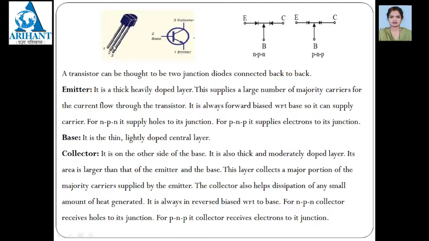Then how to recognize whether this is the NPN or this is the PNP transistor. For that, suppose you have a multimeter, then first of all check this PN junction diode. If it is forward biased, when you have connected positive end to the second point and negative end to the first point, and current is flowing, which means that this is in the forward bias.